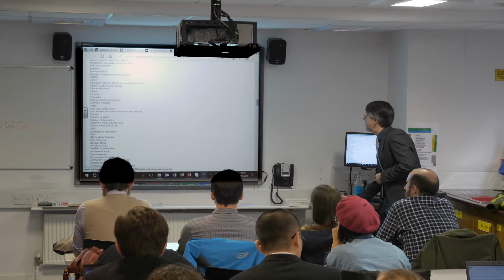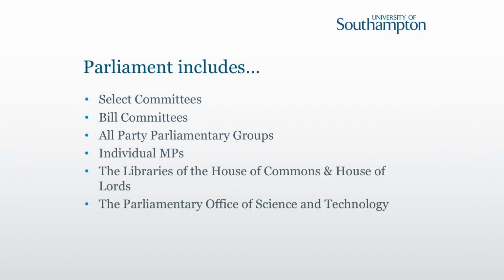I think we've probably seen enough all-party parliamentary groups, but there are many of them. And you can go through all of these different things. The one thing it's worth thinking about is Hansard. Hansard is the list of, or the encyclopedia, I guess, of every word that's spoken in Parliament.